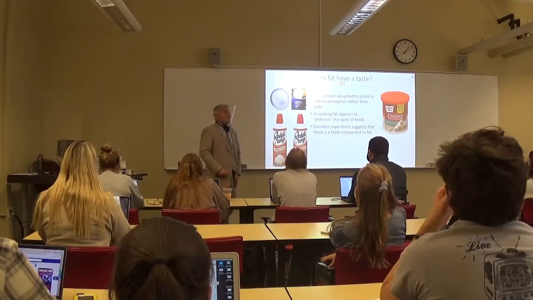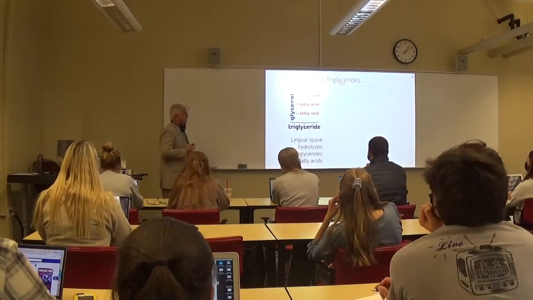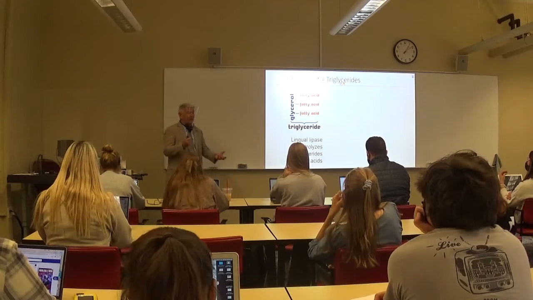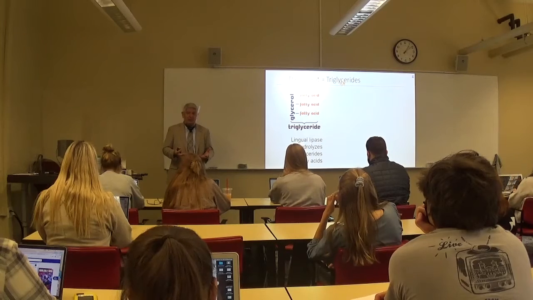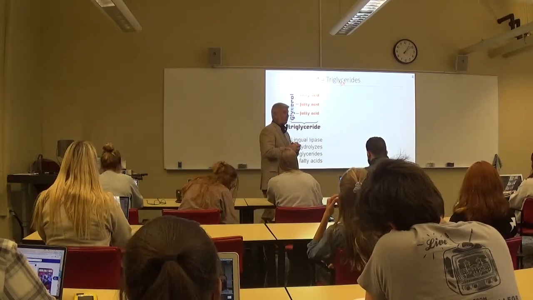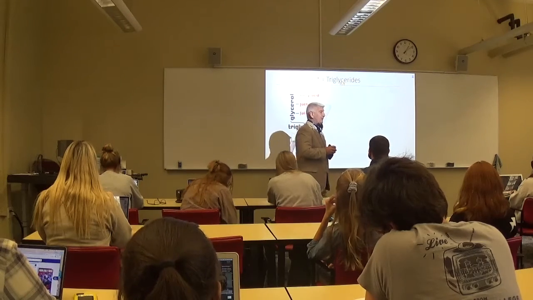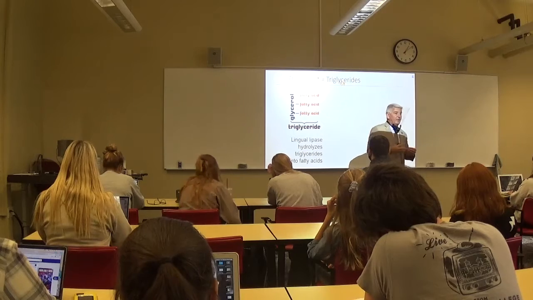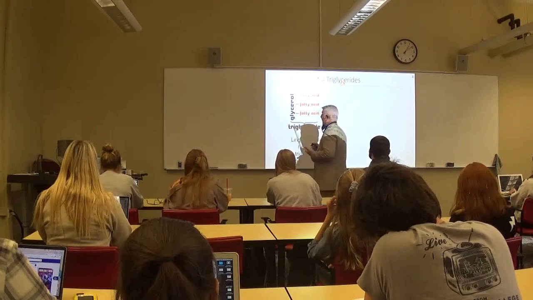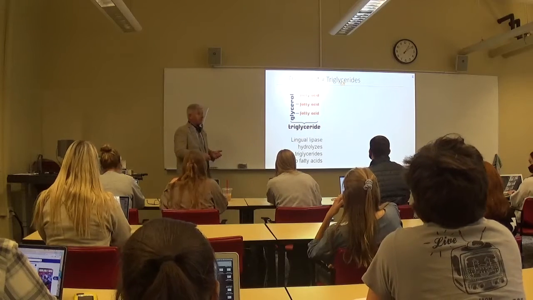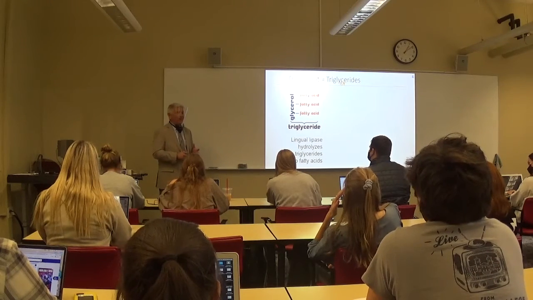Right? So if we want to understand this, there should be a transduction mechanism. If we're going to say it's a taste signal, chemicals in fat have to interact with a receptor. So the first step is to ask what chemicals are in fat that could interact with the receptor. And it turns out that fats are triglycerides. When I started doing this research, I was like, oh, I have to learn some chemistry here.